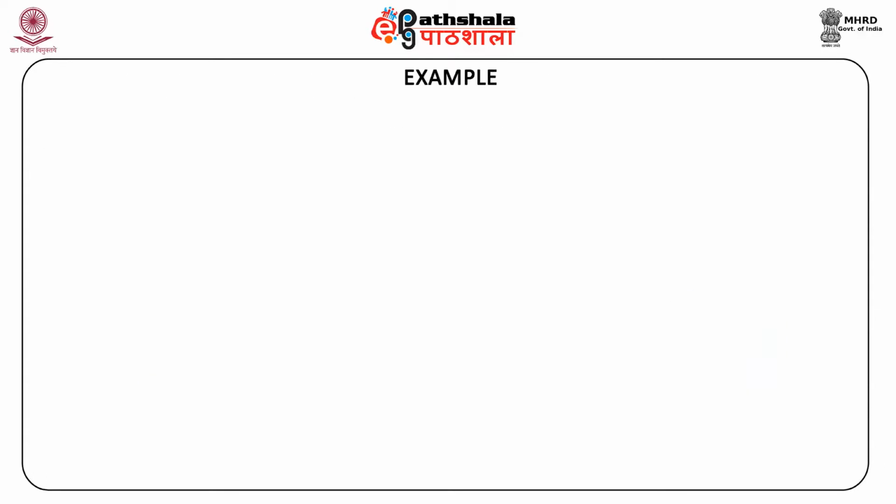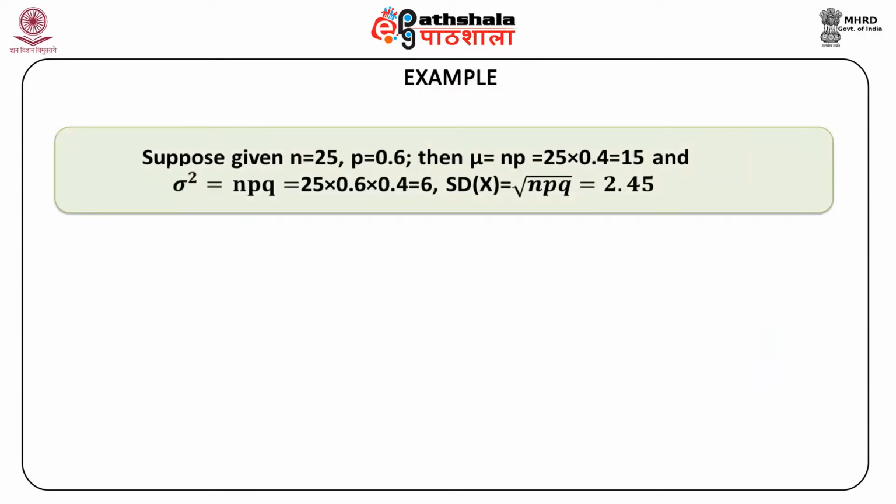For example, suppose given n is equal to 25, p is equal to 0.6, then mu is equal to np, which is equal to 25 into 0.6, which is equal to 15, and sigma squared is equal to npq, which is equal to 25 into 0.6 into 0.4, which is equal to 6, and the standard deviation of x is equal to the square root of npq, which is equal to 2.45.